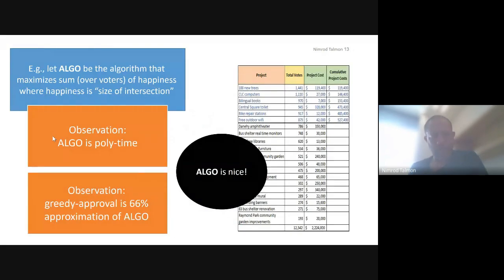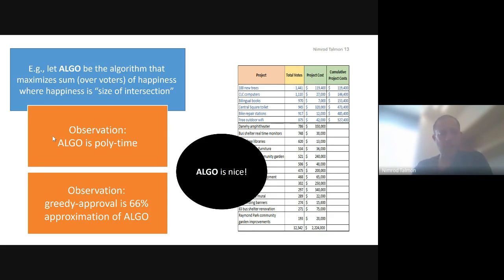Also this, and I think that maybe the nicest observation from this study is that the greedy algorithm that is used by most cities, this greedy approval algorithm that I discussed before, that orders the projects by the number of votes that they get, and then goes over the list and funds projects as long as there is money left in the budget, can be viewed as an approximation algorithm to maximizing the sum of satisfaction when it's defined as in the first example, the number of projects that a voter approved and were funded.